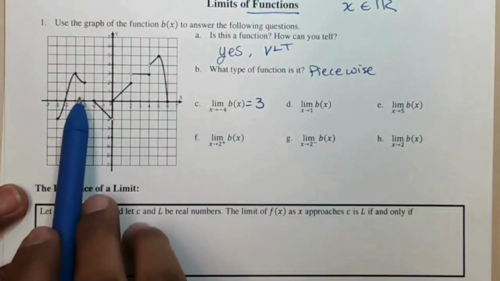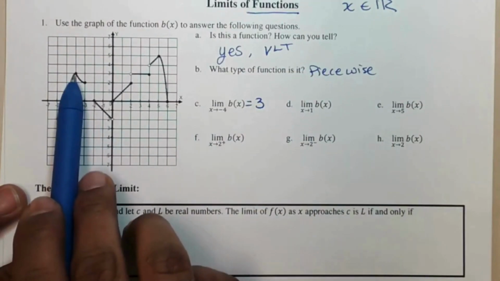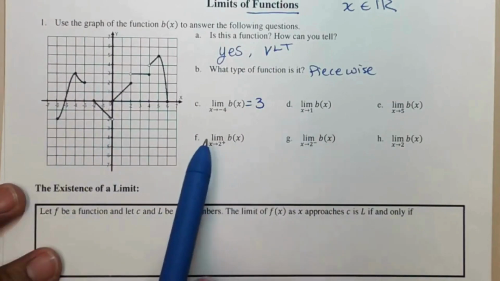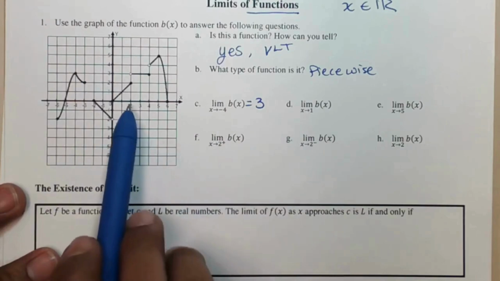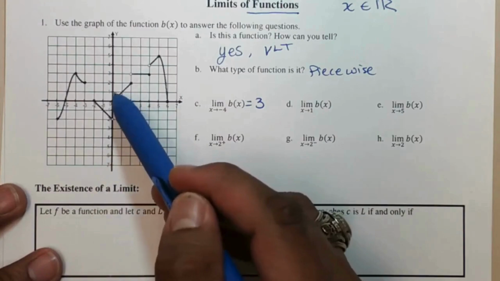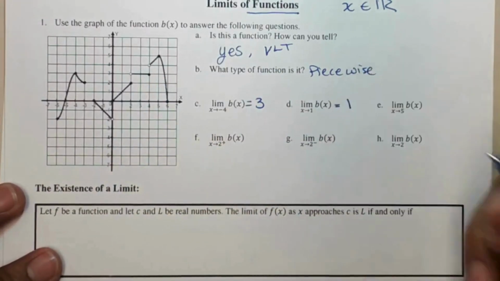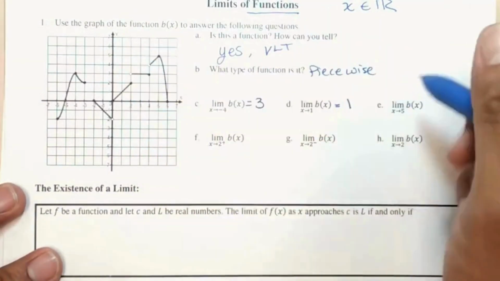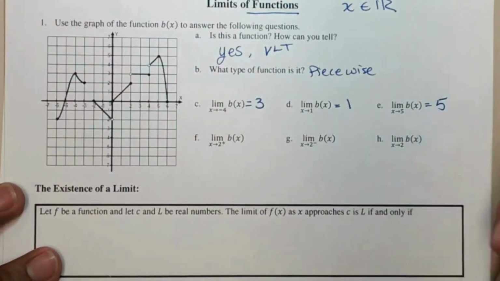So the limit as x gets closer to -4 is an output of 3. What about if x goes towards 1? Well, 1 is here. As x gets closer and closer to 1, my y value is going to be 1. As x gets closer and closer to 5, then we end up getting 5.